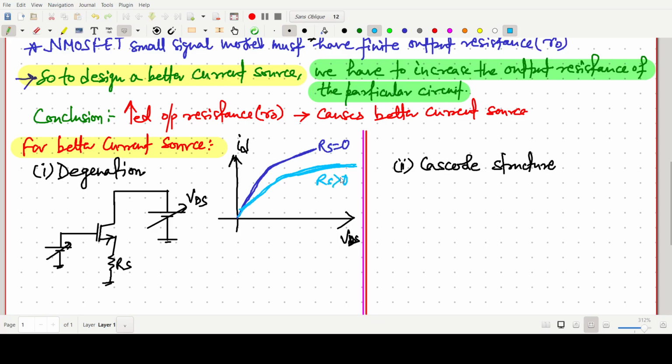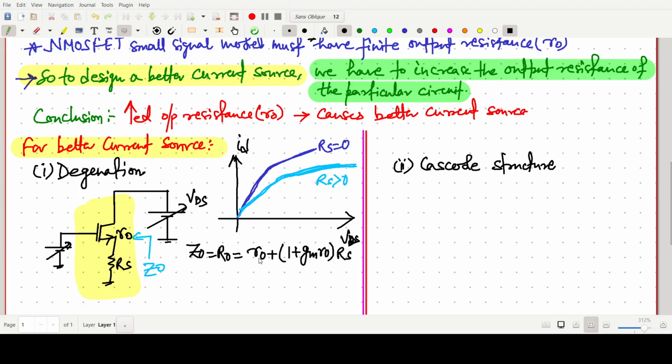With RS greater than 0, because the RS is there, if we find the output impedance by considering the small signal analysis, and go for the Z naught value, or we can say the R naught value, that I am going to write directly, if we solve, the R naught value will come as R naught plus (1 plus gm R naught) into some resistance RS.